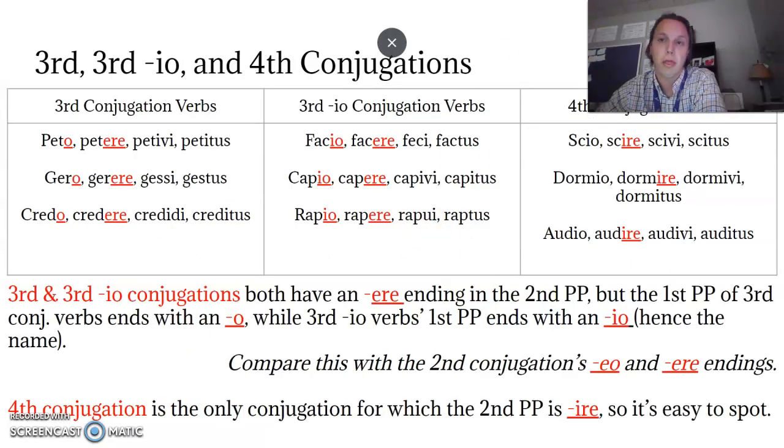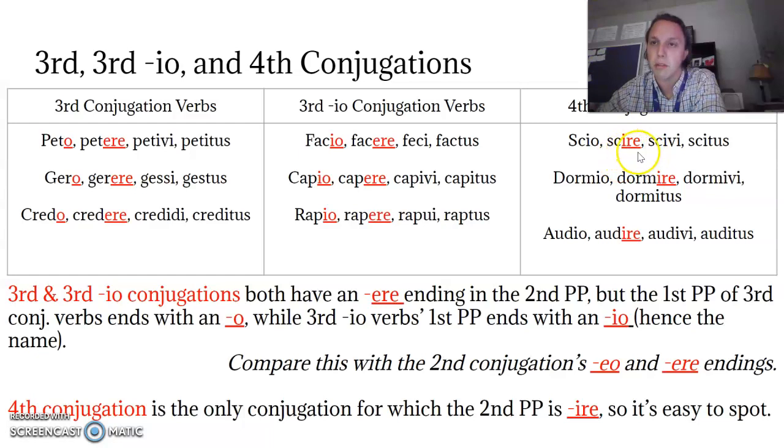So let's look at the third, third IO, and fourth. Why are they different? Well, third conjugation, as you can see, first principal part ends with O, second principal part ends with ERE. That is the telltale sign of a third conjugation verb. And then I'm going to skip third IO real quick. Then you have the fourth conjugation over here, and you'll see that most of them end with IO, but the real key here is IRE.